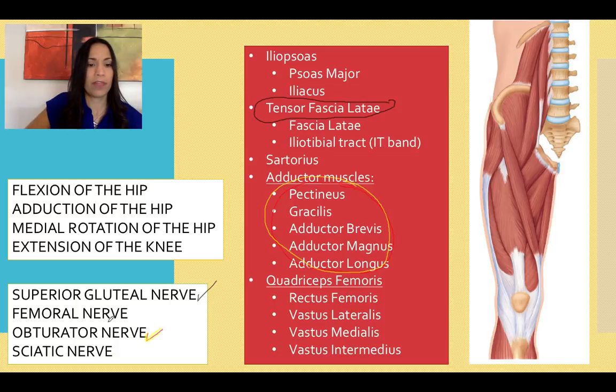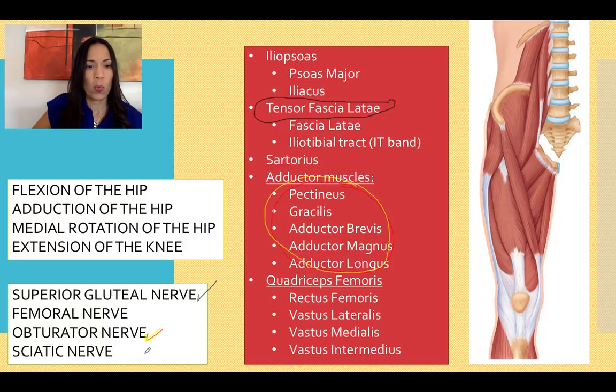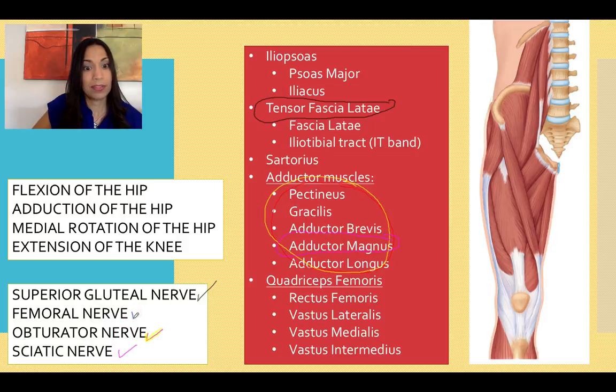Sciatic nerve. Well, we just mentioned sciatic one time when we were describing the adductor magnus. So see, adductor magnus can be innervated by the obturator and the sciatic nerve. 2 nerves for one muscle. Must be big, right? And last but not least, definitely not least, the femoral nerve.